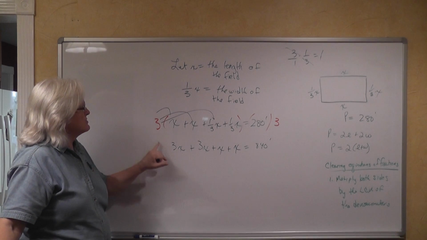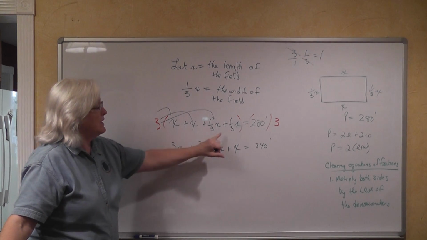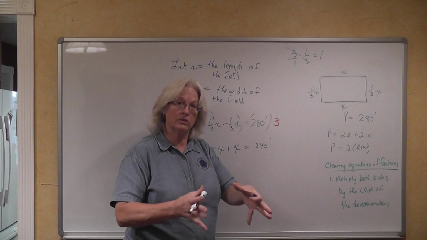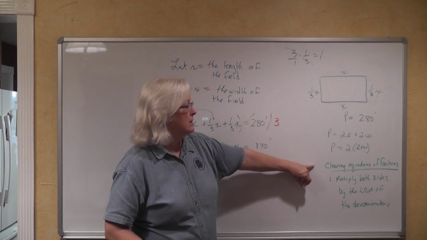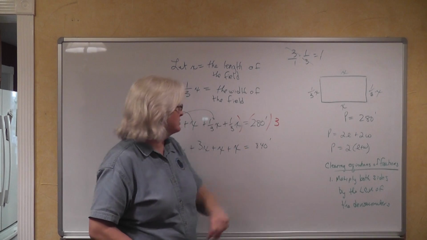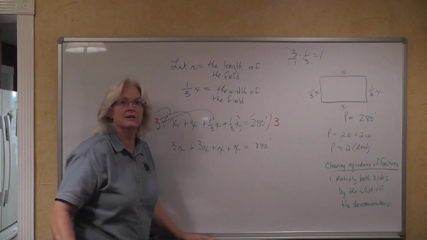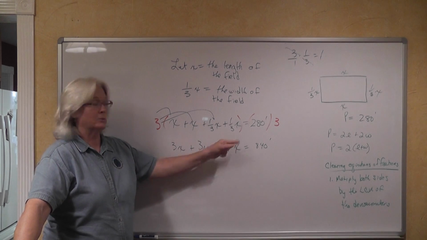Look at the difference. That's really nice, isn't it? We have eliminated the fractions, or we have done exactly what our chapter is talking about here. We have cleared the equation of fractions by multiplying both sides of this equation by the least common multiple.